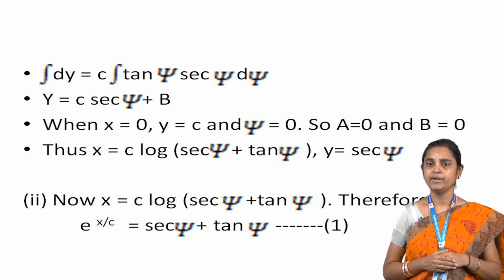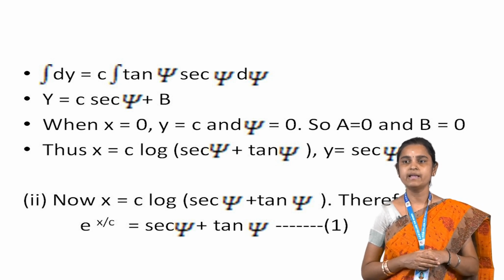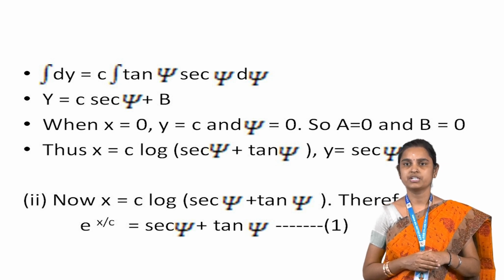Next, coming to the second derivation, x equals c log of secant psi plus tan psi. Since we have the log, we take the exponential on both sides. So e power x by c equals secant psi plus tan psi. Take it as the first equation.